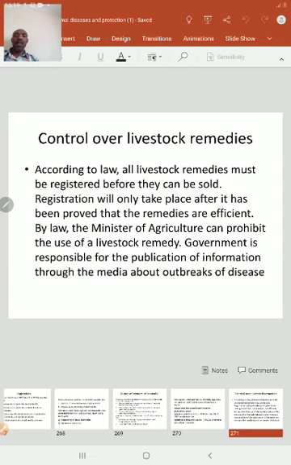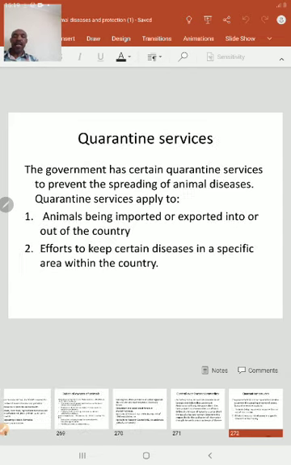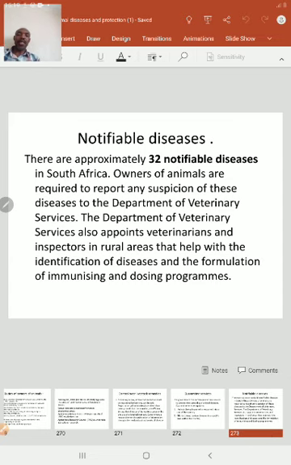The state also has control over the livestock remedies. Also, the state is the one that will introduce the quarantine services, so that animals that are coming from outside are quarantined and checked for diseases before they enter the country.